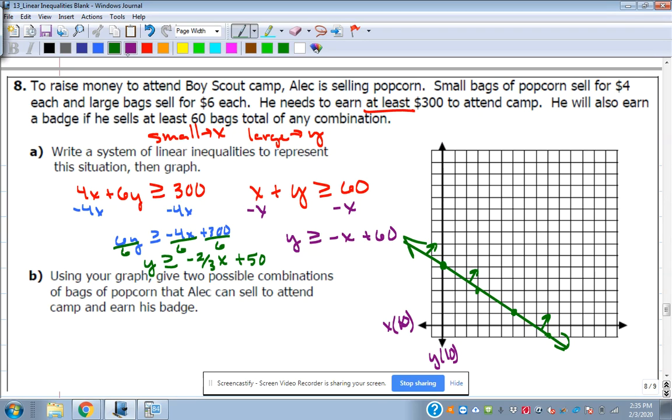Then I'm going to go and graph the second one. Its y-intercept is 60, just right above that with a negative 1 slope. Again, that's a solid line.